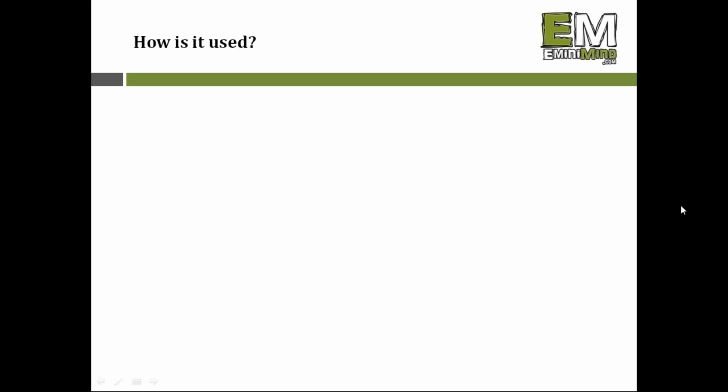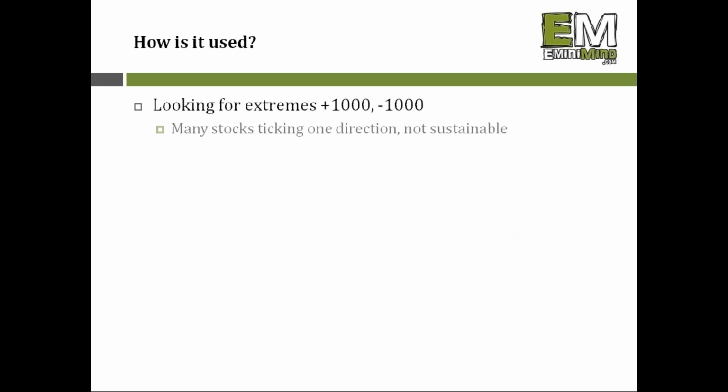So the way I like to use the NYSE tick here is looking for those extremes. What the NYSE tick is telling you is that all of these stocks have moved in one direction all at once, and that's just not sustainable for a long period of time.